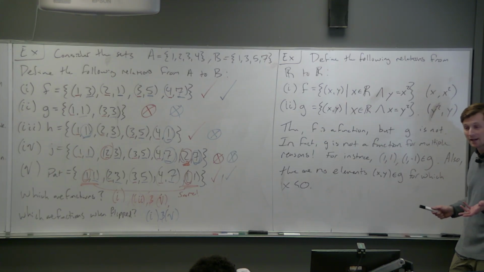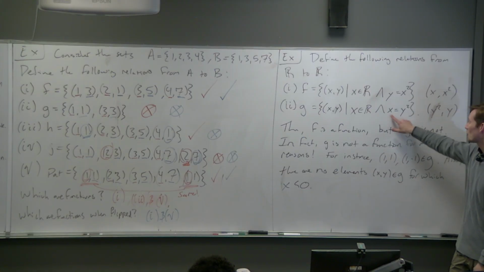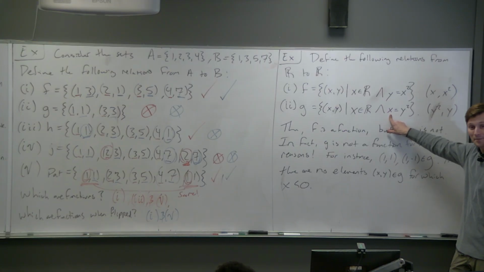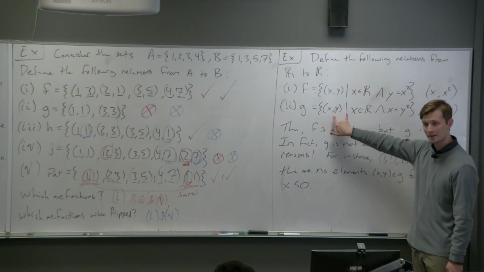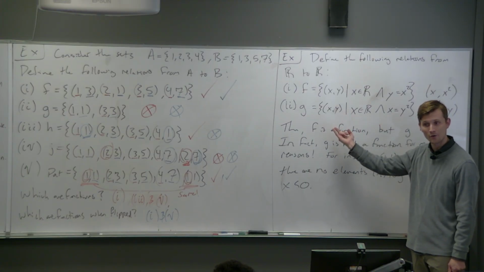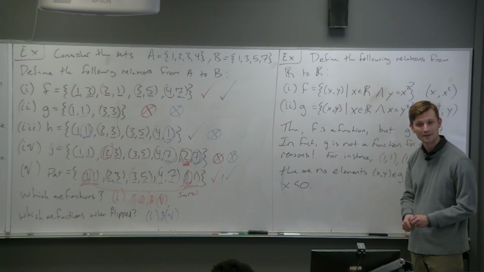Pick a y, pick any number you want, yeah? All you have to do is square that number, and that is the x that goes with it, yeah? So for any possible y you want, there is some x that goes with it. Hence, there is some xy in G. And so we have no restrictions. That is, if you flip G, you do indeed get F, right?